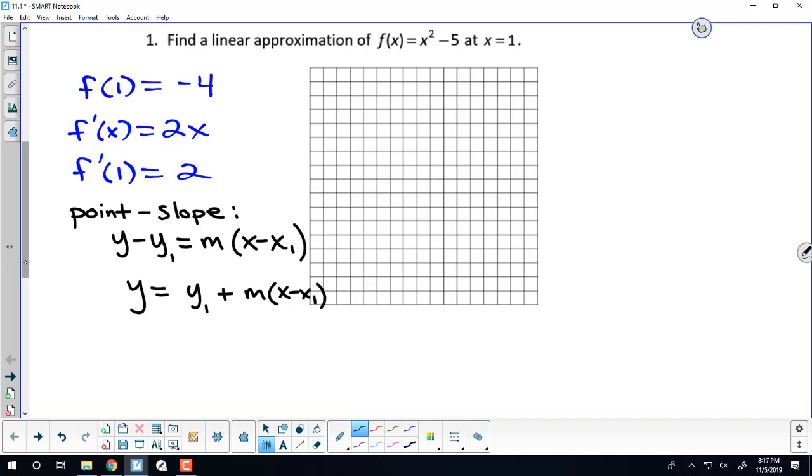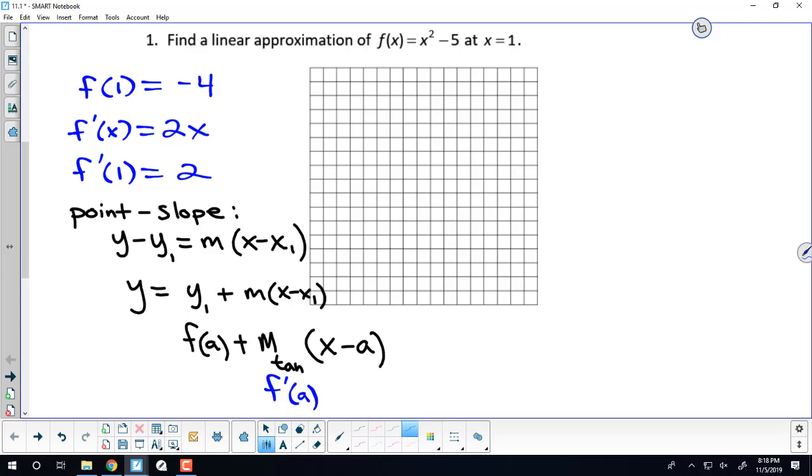And y1 is the function at a, the y value, right? The m that we're after is the slope of the tangent line times x minus the x coordinate. x1 is a. So we just replaced the slope of the tangent line at a with f prime of a. So that's the equation of the line that we're coming up with.